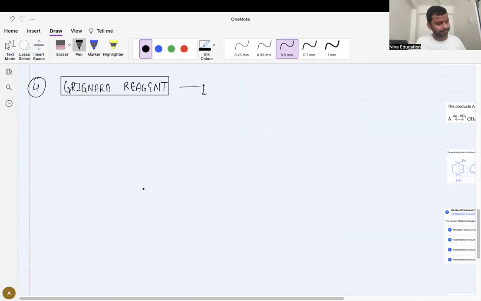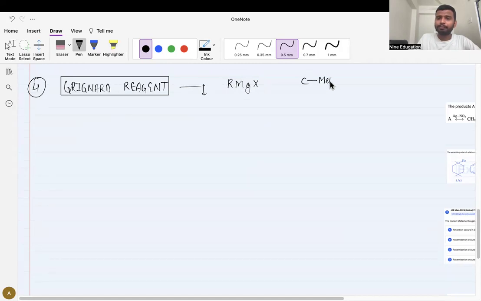See, Grignard reagent is known as RMgX. And R can be aliphatic or can be aromatic. So when you have RMgX, R carbon and metal bond.